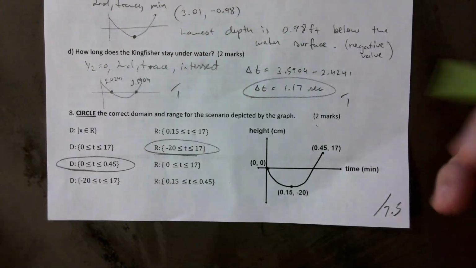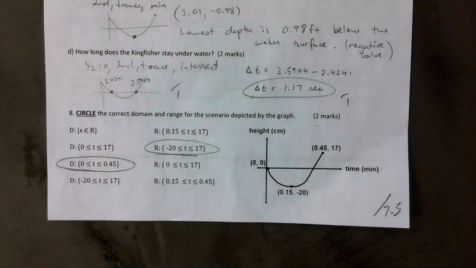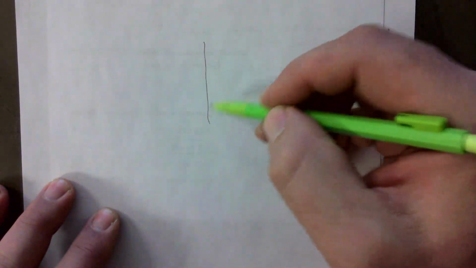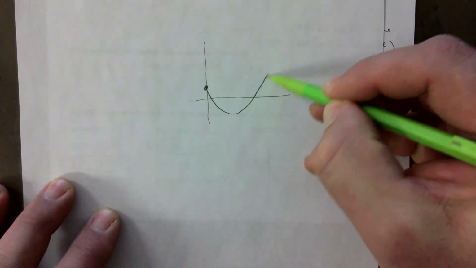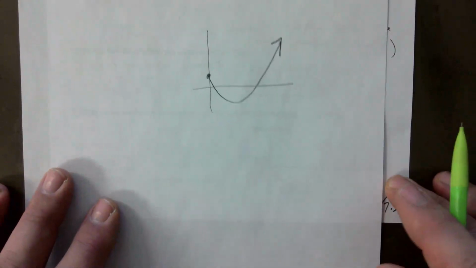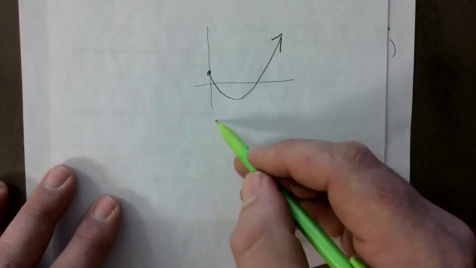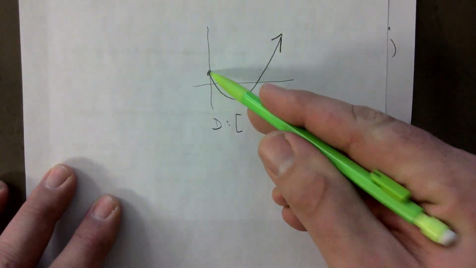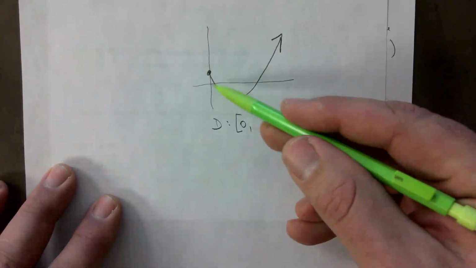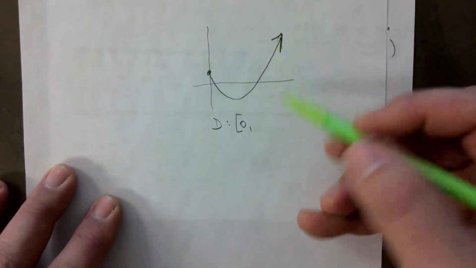Question. I forgot already what the test has in store, but if I ever did something like this to you, what would be the domain here? You start at 0, right? Does this ever end? Infinity.